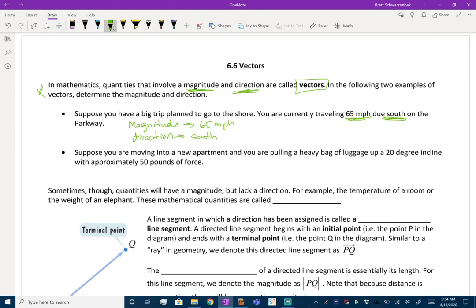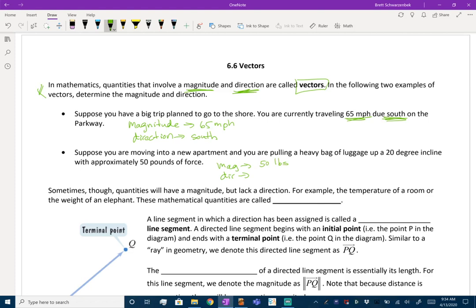What about this one? Suppose you're moving into a new apartment and you're pulling a heavy bag of luggage up a 20-degree incline with approximately 50 pounds of force. Well, again, the magnitude this time would not be an example of speed, it would be weight. So 50 pounds would be the magnitude.